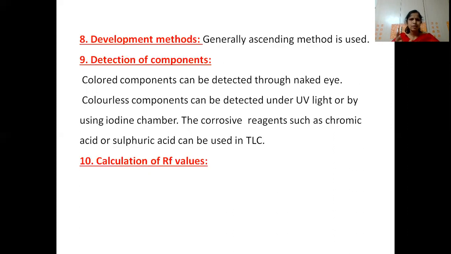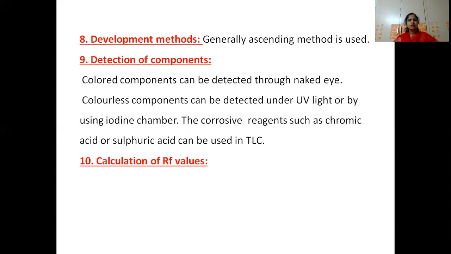Just put that slide in the iodine chamber, and after some time you can detect those spots because they react with iodine and form a complex. Or we can use some corrosive reagents such as chromic acid or sulfuric acid, which can also be used in TLC.